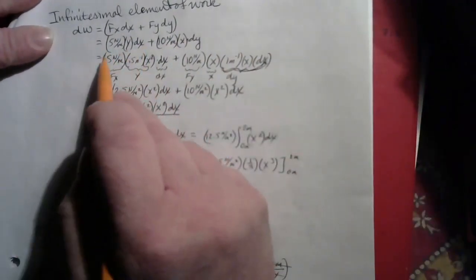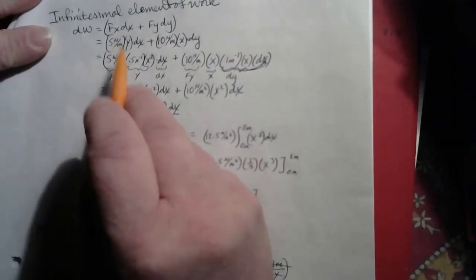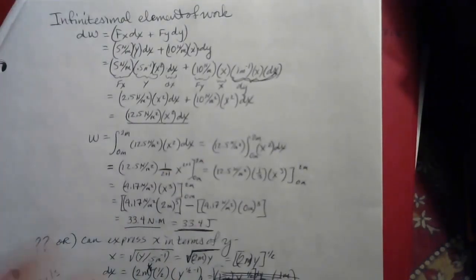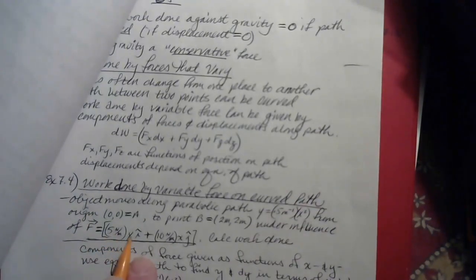Fx dx is basically, let's see, Fx, looking back here, is basically the x term in the force equation, which is 5 newtons per meter times y.